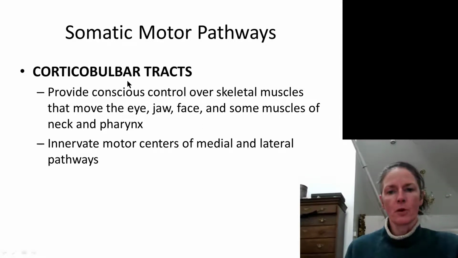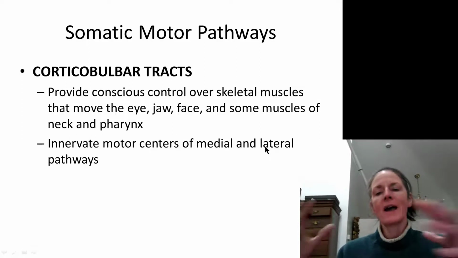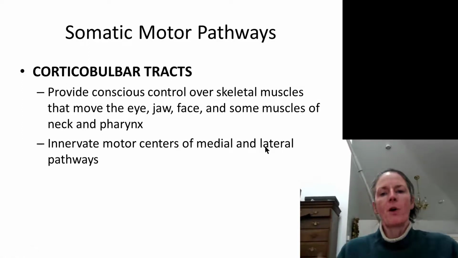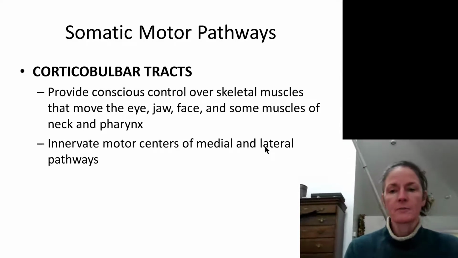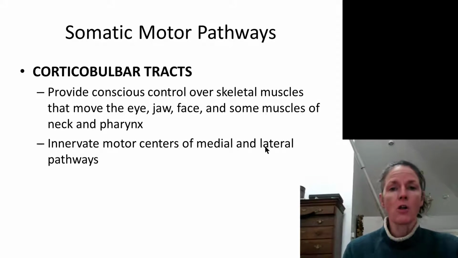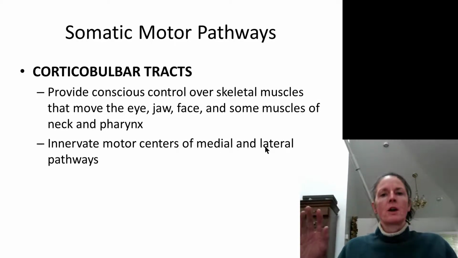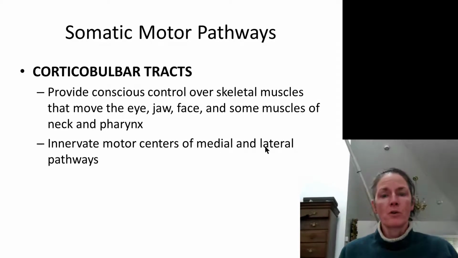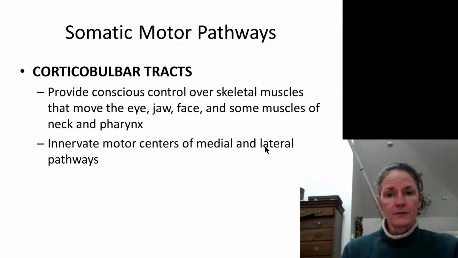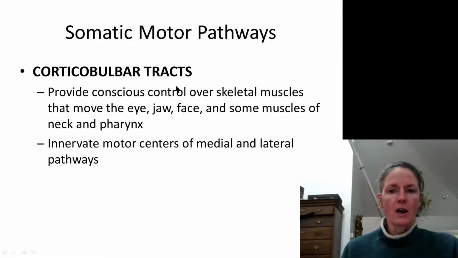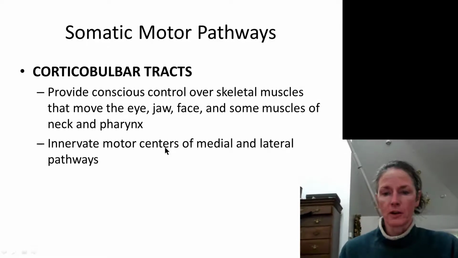And some of these corticobulbar tracts can also innervate motor centers of these two other tracts that we call extrapyramidal, because they're not part of the pyramidal system. However, there's a lot of crosstalk between them, and there's a lot of reciprocal information that's passed between them. And it's important to note that all of these pathways innervate lower motor neurons that will then innervate skeletal muscle. So a lot of them share the same lower motor neuron targets.